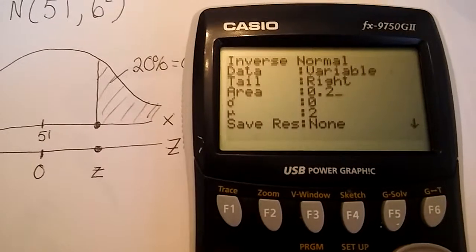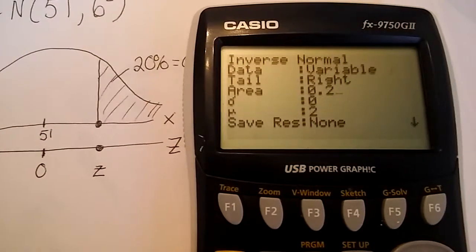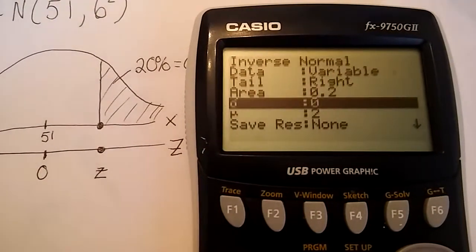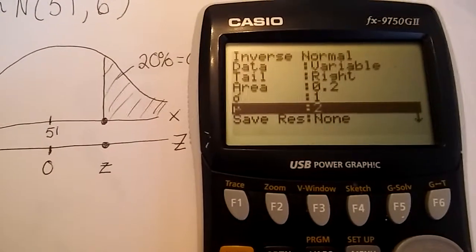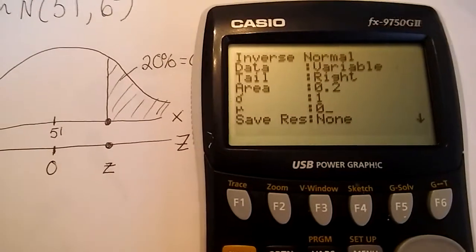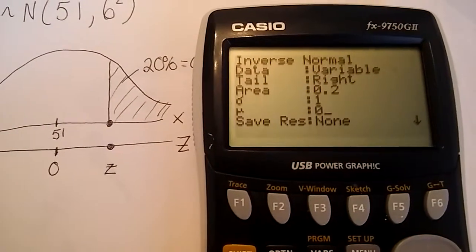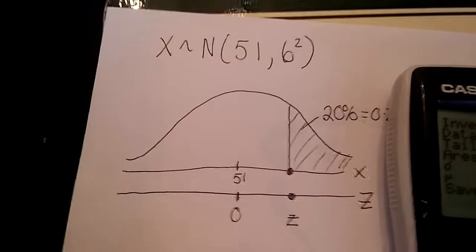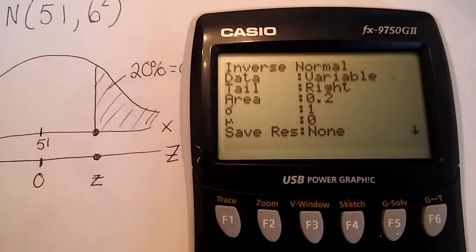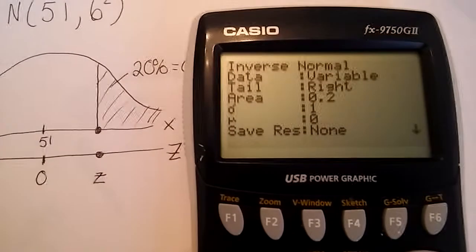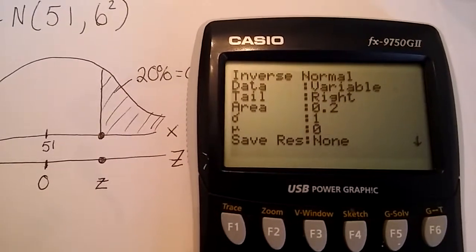For a Z value, the standard deviation is always 1 and the mean is always 0. So make sure you don't write those 6 and 51. For a Z value, it has to be standard deviation 1, mean 0.